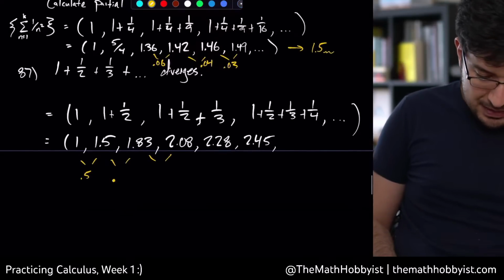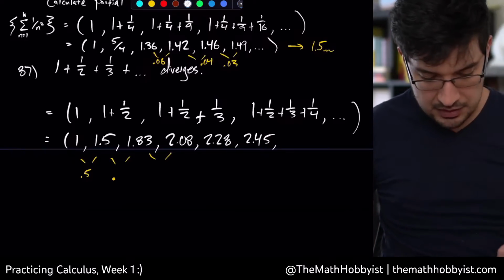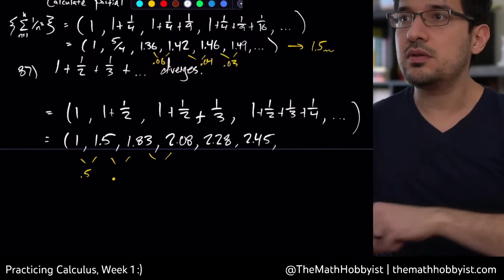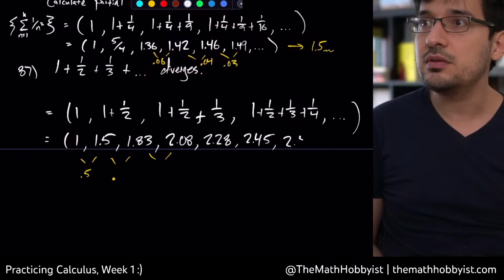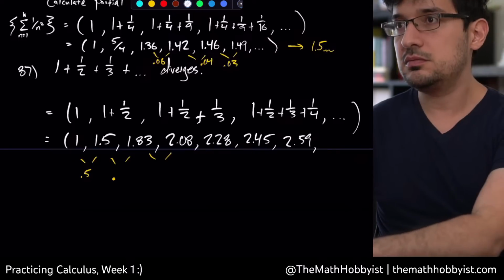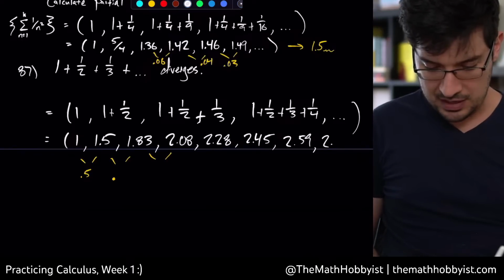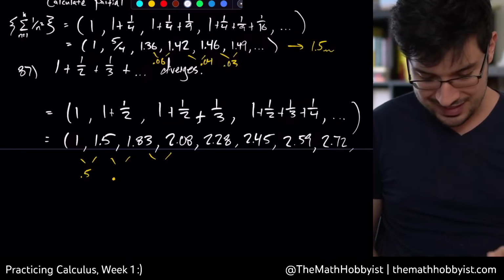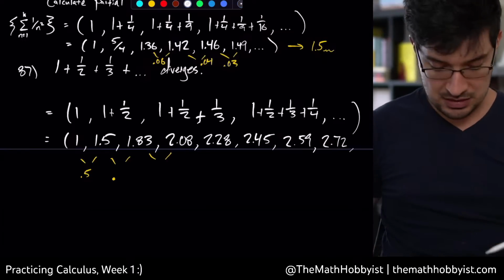It doesn't seem to be tending to a single number nearly as quickly as the other. So if we just keep writing out terms to convince ourselves, I think that this problem said a calculator is useful here, and I agree. A calculator is very useful here.